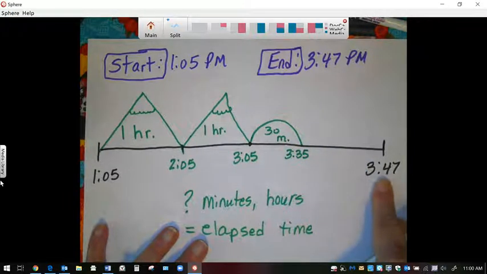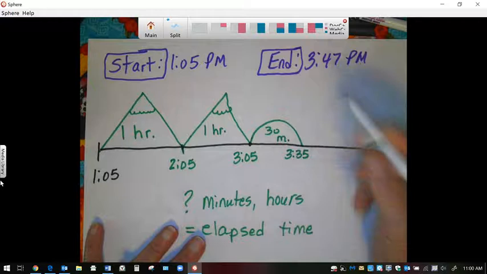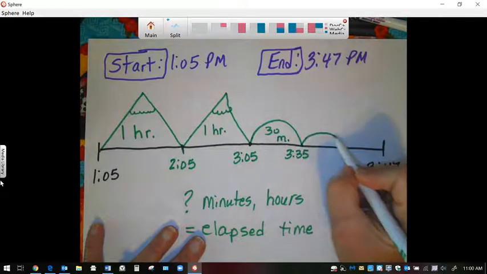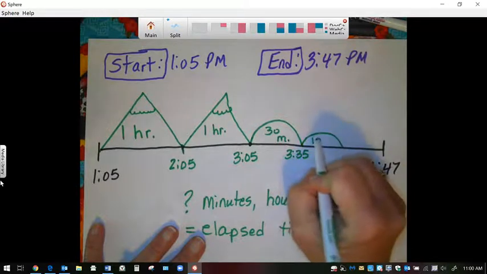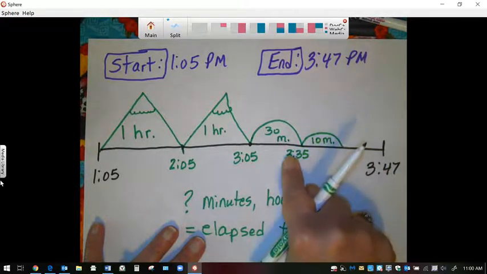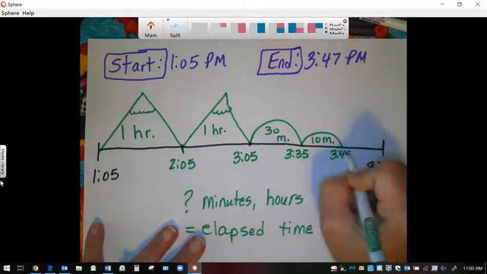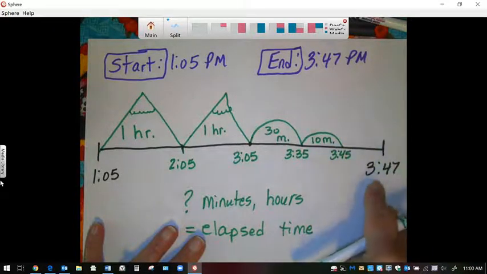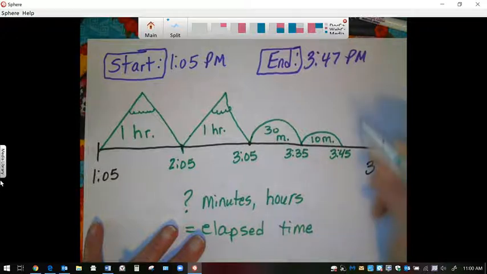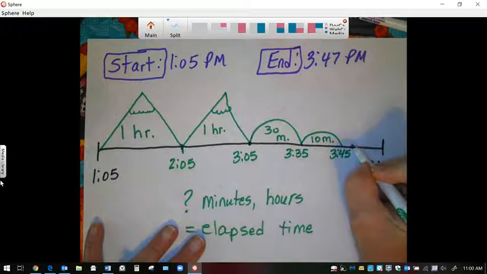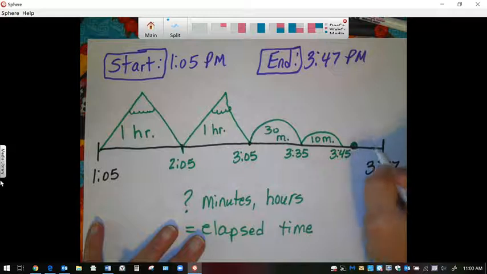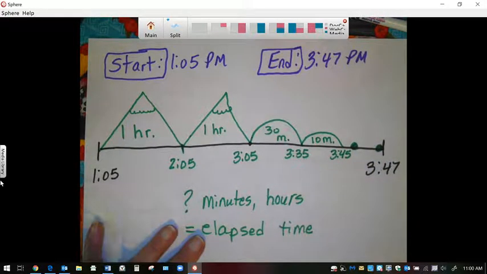So now I'm going to make a 10-minute hill. And from 3:35, it went to 3:45. And then for the 47, I need minutes. So I'm going to do my rocks. 1 rock, and then my second rock. And that'll make it 3:47.